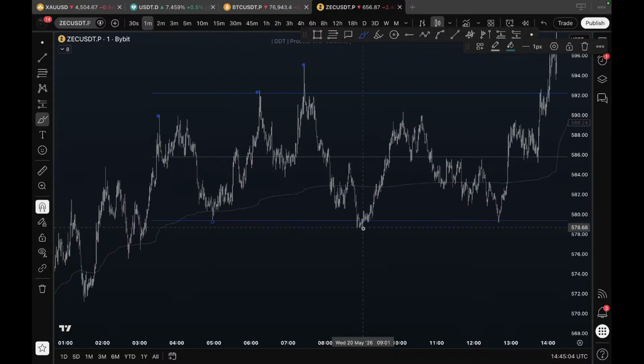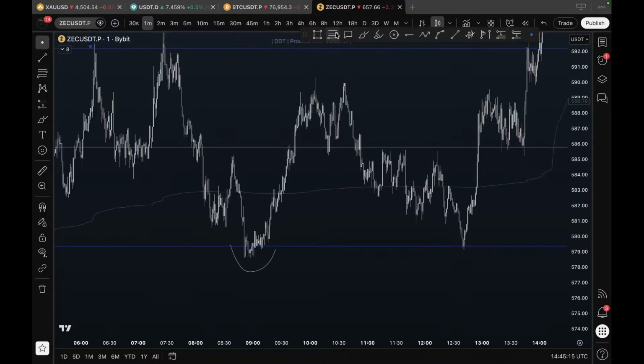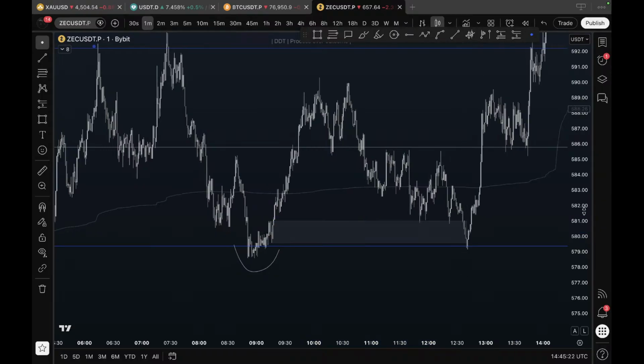Range low, sweep, back in the range, aka tap 1, tap 2, and then price came back for a model 2 reaccumulation. And that is the more likely or the easier setup to play because you are in an uptrend.